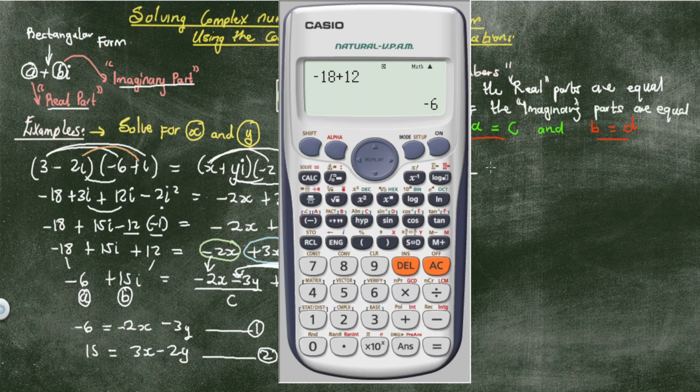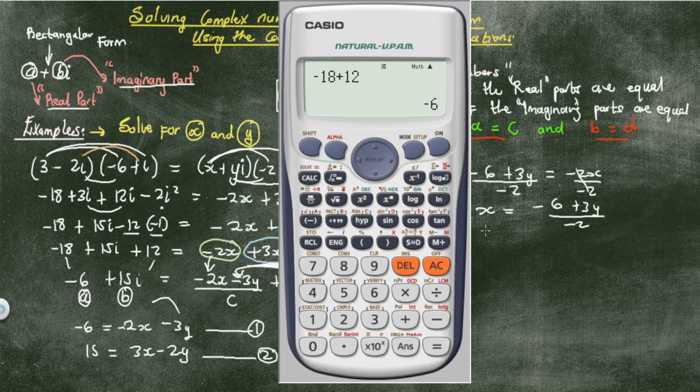So we're going to say minus 6, let's transpose this, plus 3y equal to minus 2x. Then I'm going to divide by minus 2. X now becomes minus 6 plus 3y over minus 2.